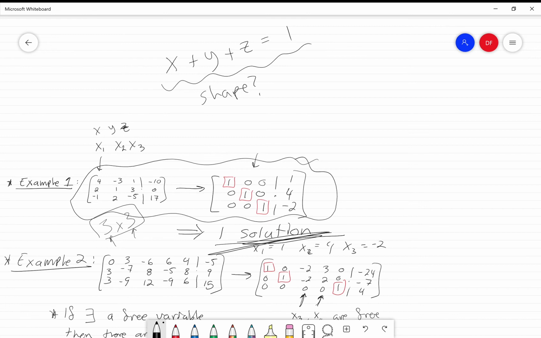Well, if you haven't taken Calculus 3 yet, you will, you should just accept that this represents a shape in 3 dimensions, x, y, and z. Okay? And this equation is the equation of a plane in 3 dimensions. So if I have something like this, right? Okay?